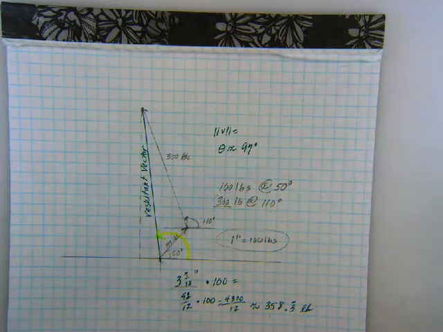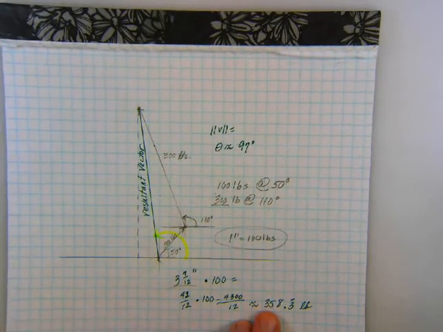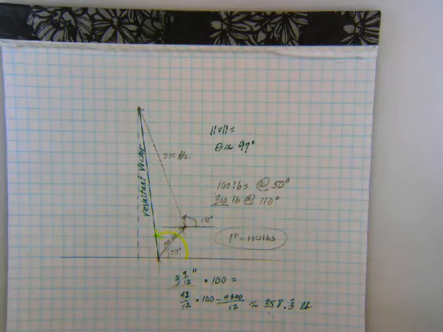So I took my 3 7/12 and multiplied it by 100, which gave me 4,300 divided by 12, which would be approximately 358.3 pounds of force that was being exerted on that. Okay, now this is a way of combining force vectors. The vectors we drew earlier were just over and down.